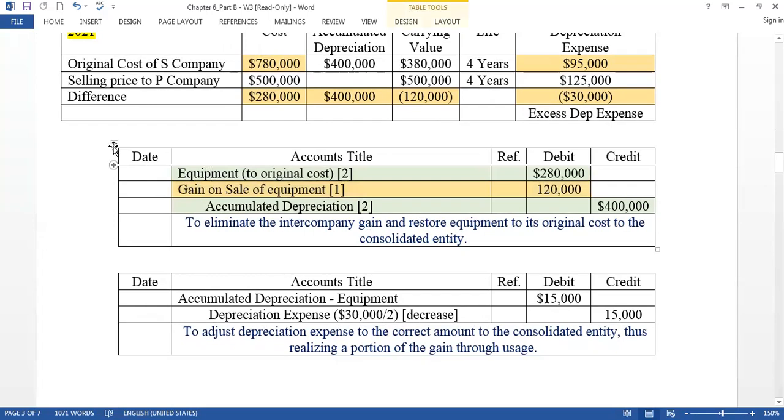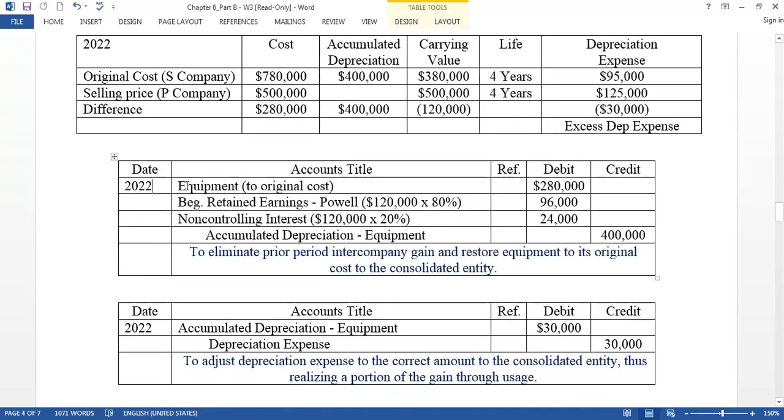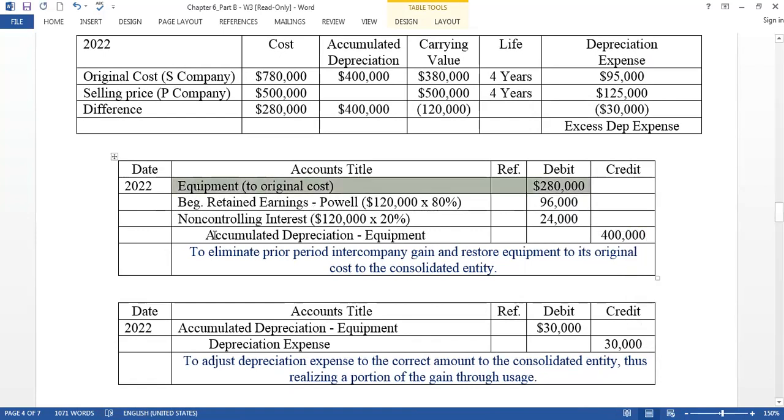Now look at here, I should copy and paste in the next year. Look at this part and this part. So this is number 2. That means we already returned the asset to its original shape, right?